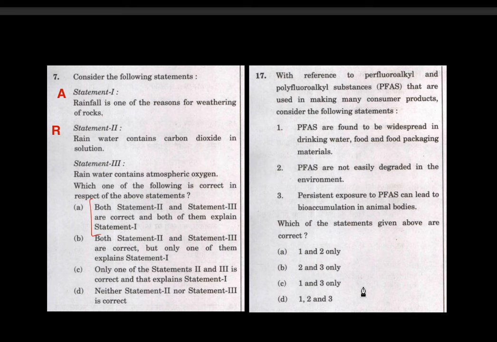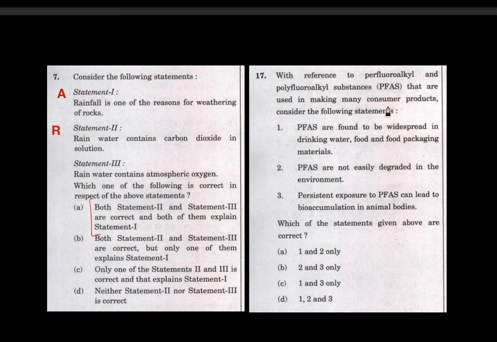But let us think slightly more. It is found in drinking water, food packaging. These are basically waste thrown by us, and they can surely contain some additives and something extra which is not required. And since the question is also saying used in making many consumer products, and food packaging is a part of consumer products, why can statement 1 not be true?